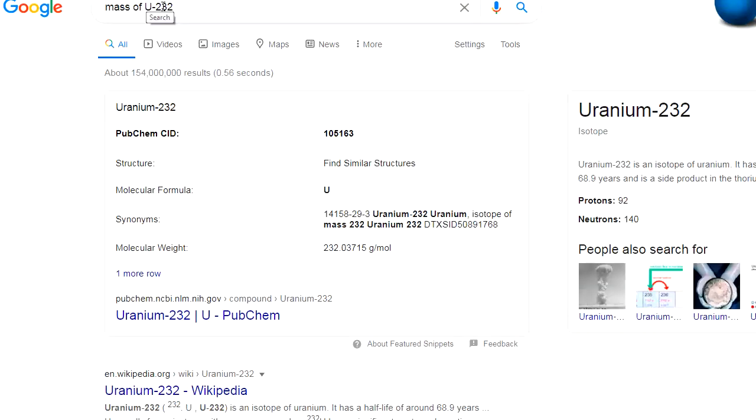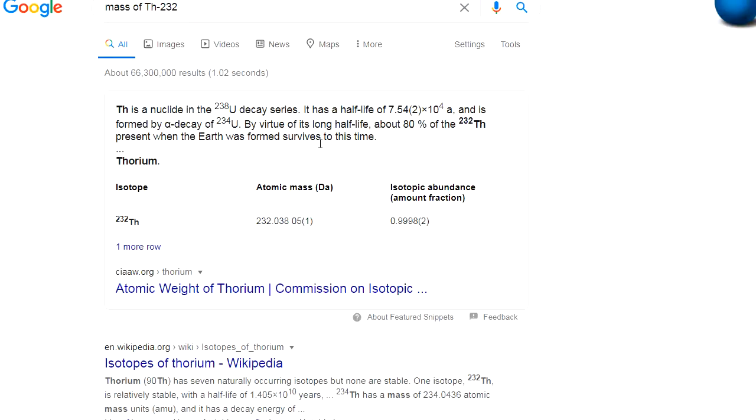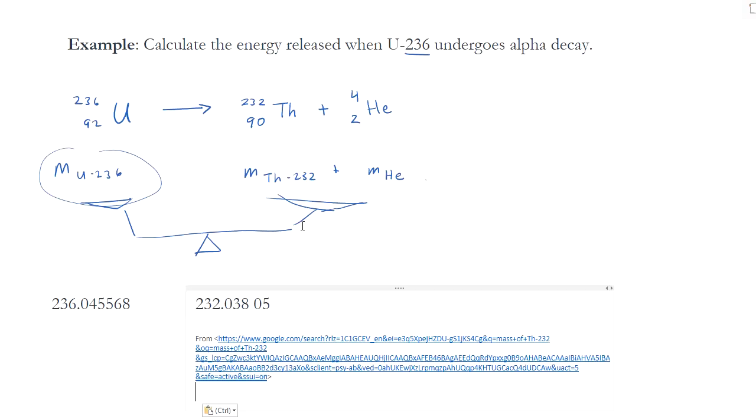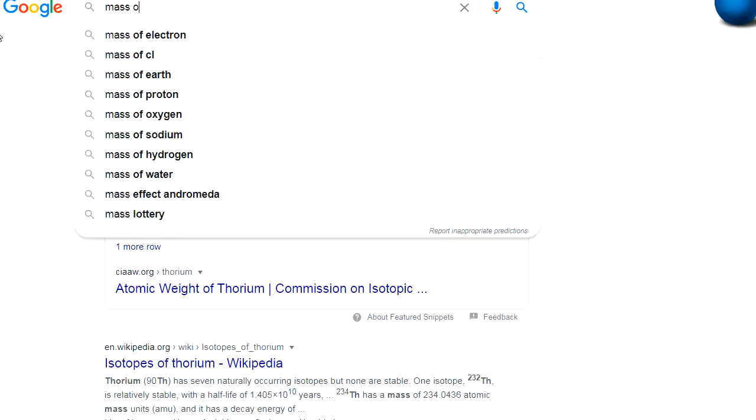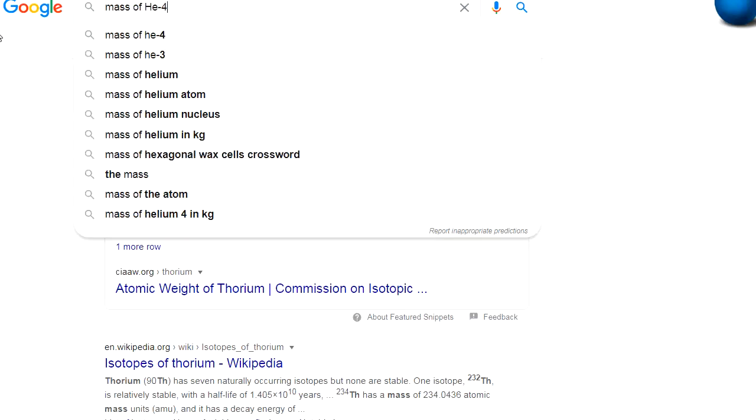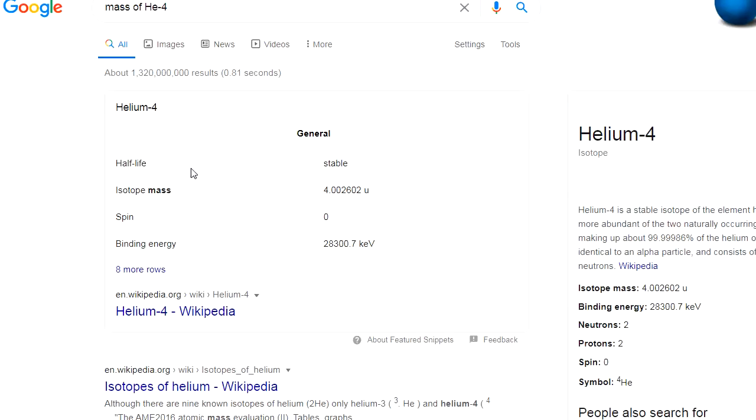Oops. And there it is. And the mass of a helium nucleus. Yeah, let's just say of helium-4. We'll just take the whole atom.